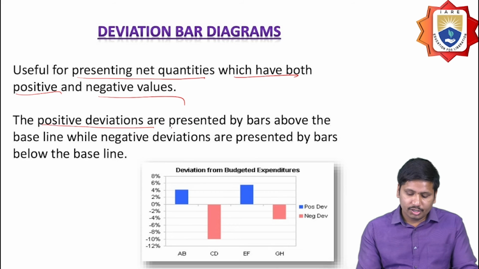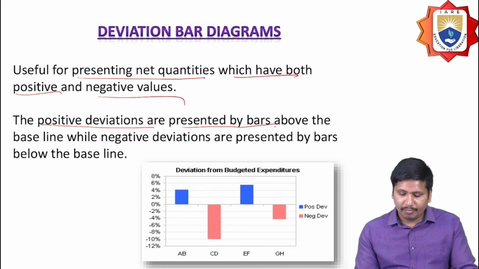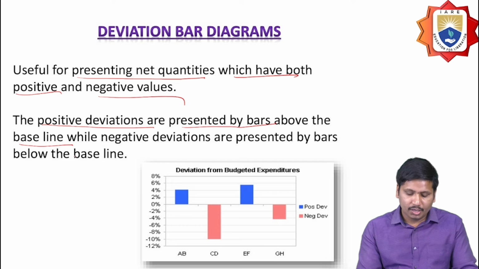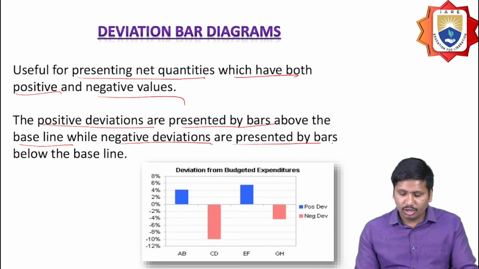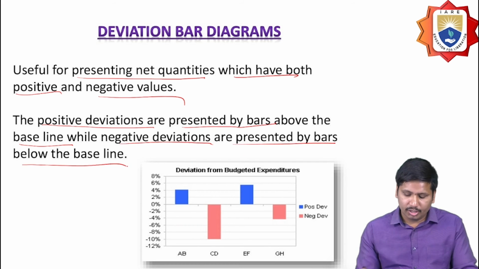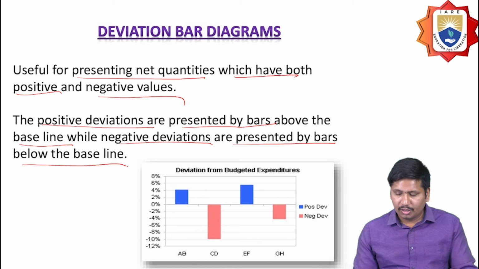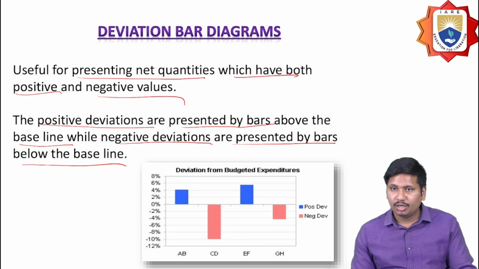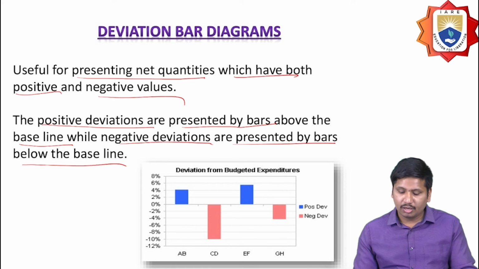The positive deviations are represented by bars above the baseline, and negative deviations are represented through bars below the baseline. Some applications may have positive deviations and some may have negative deviations. Normally this kind of deviation comes while seeing the Sensex. If the Sensex is increasing then the graph is moving up. If negative values are coming, it moves down.